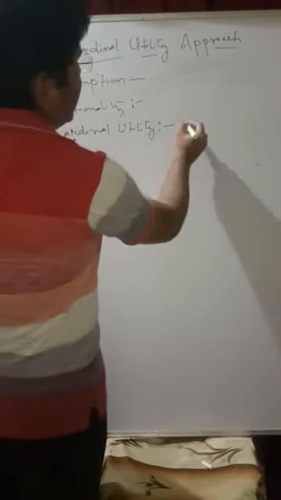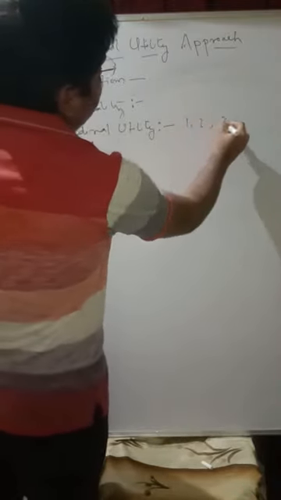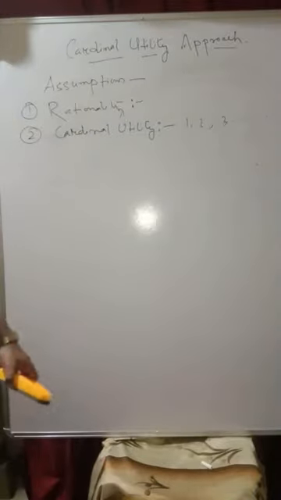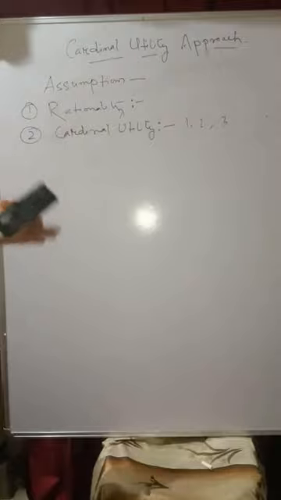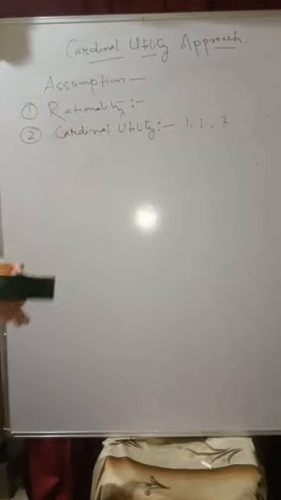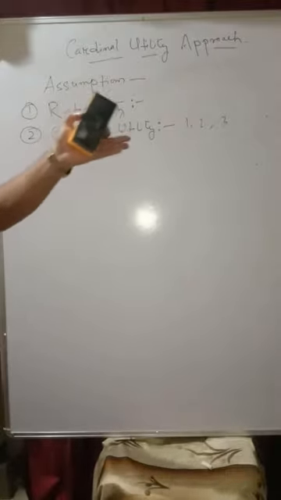Under this approach, the consumer is able to express or measure his level of utility or satisfaction by assigning numerical numbers, suppose 1, 2, 3, 4, and these numbers are called utils.